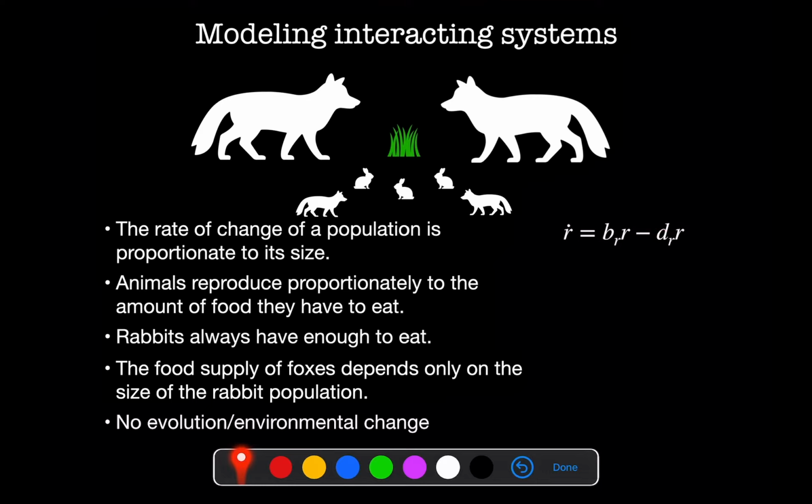These together are going to equal the rate of change of the population of rabbits. The rate of change is always going to be proportional to the population itself.